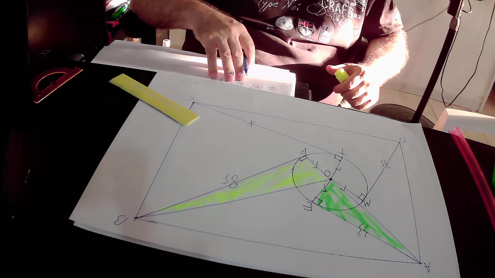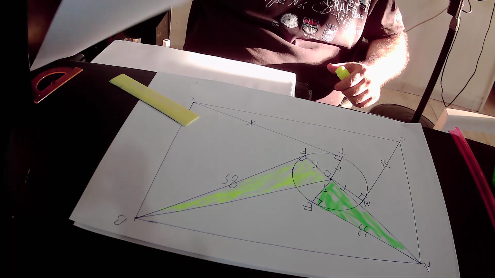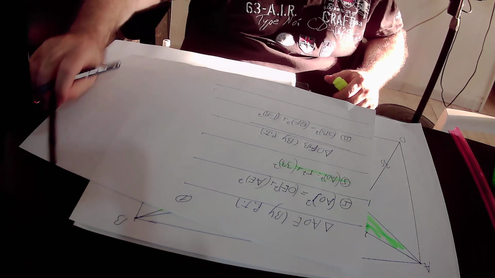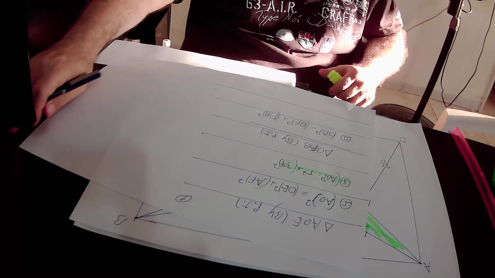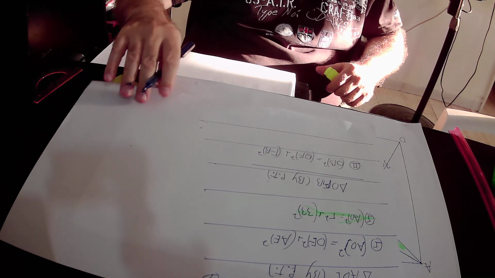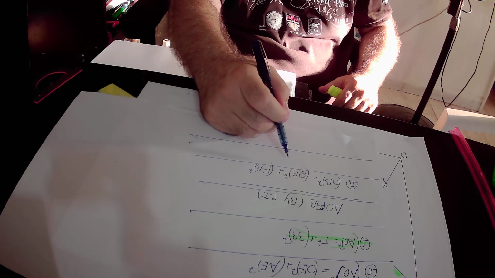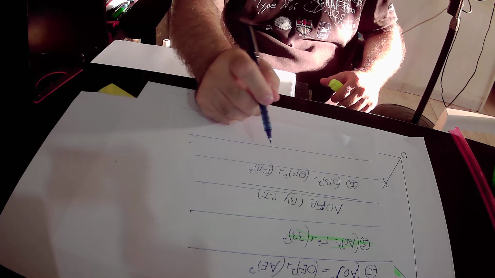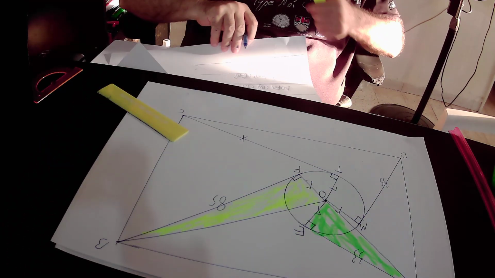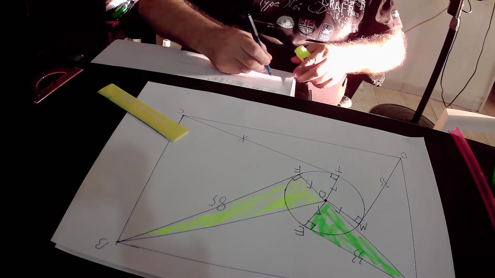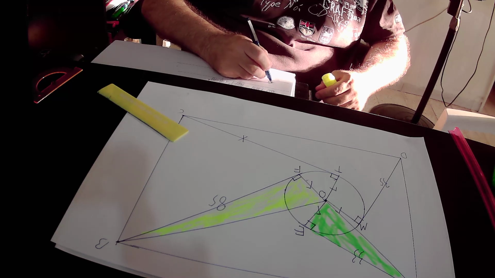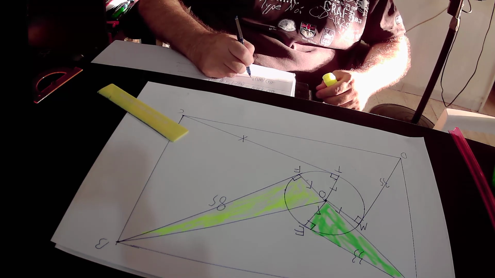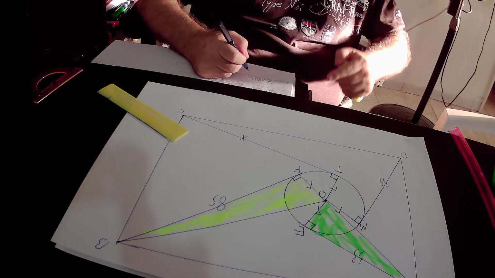Okay, again, in the right yellow triangle OFB, according to the Pythagoras theorem, OB squared equals OF squared plus FB squared. So OB squared equals OF squared.